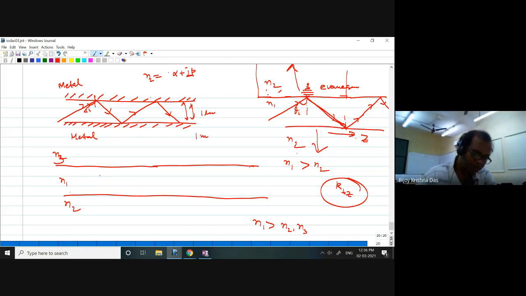And you can try for a certain angle so that here total internal reflection takes place, it can come back, and here also total internal reflection takes place. So TIR here, TIR here.